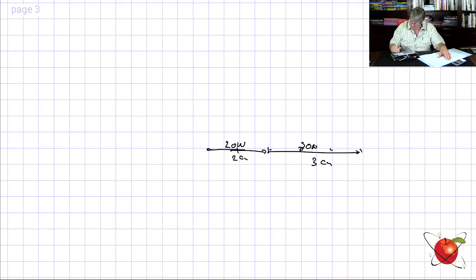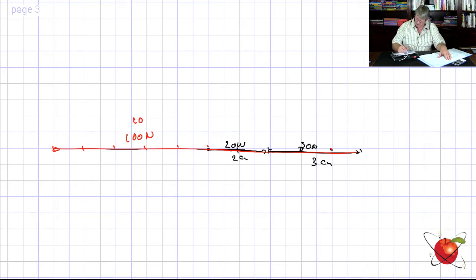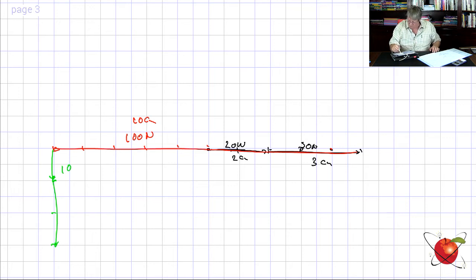Now I must add all the way 5, 6, 7, 8, 9, 10. So my vector goes all the way to there, doesn't it? There is my 100 newtons, which is 10 centimeters going that way. Now I must put in 10 down and 20 down. There's 10 down, and now I must put in another 20 down. Okay, so now where are we?